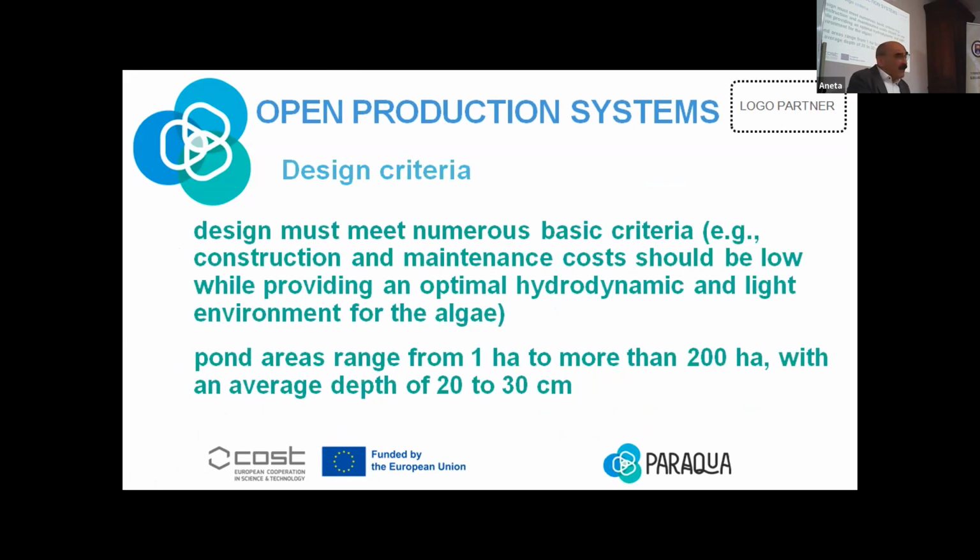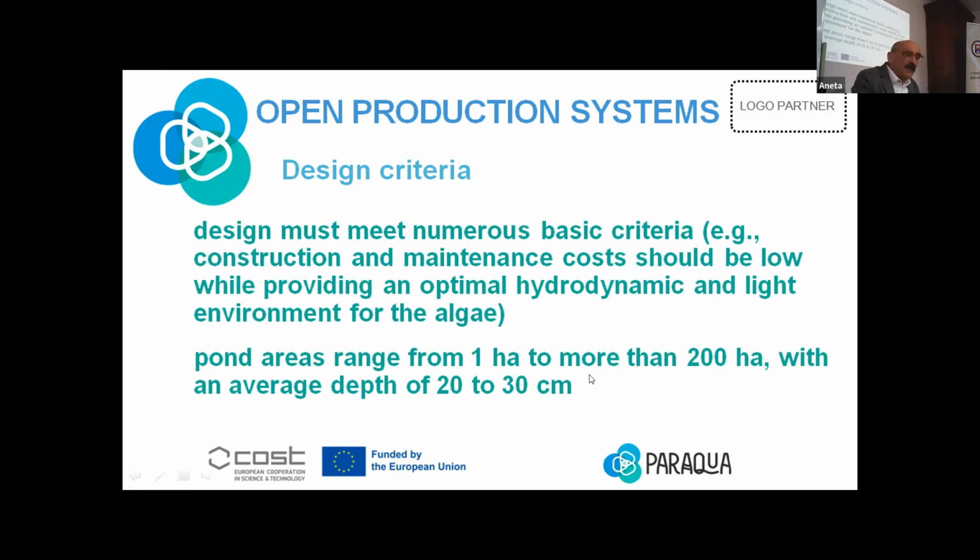So for design, the two most important criteria are light penetration and hydrodynamics in the pond or in the open system. Usually pond areas range from 1 to 200 hectares.